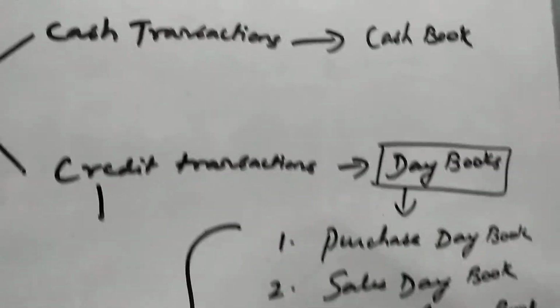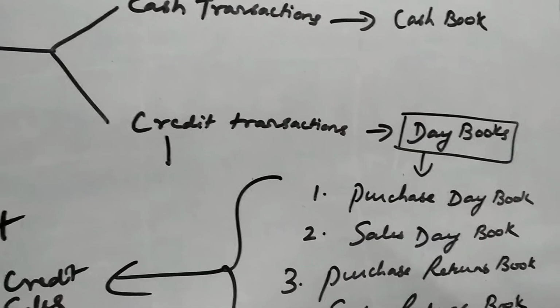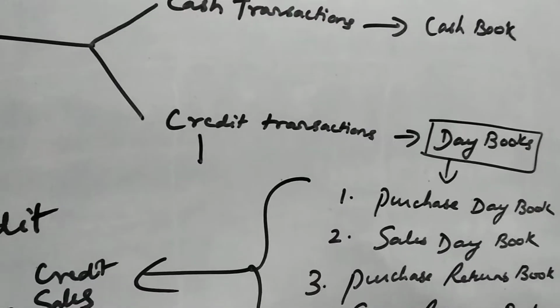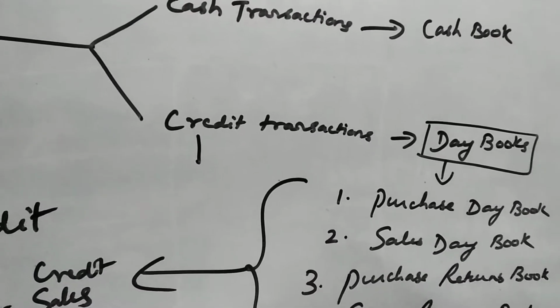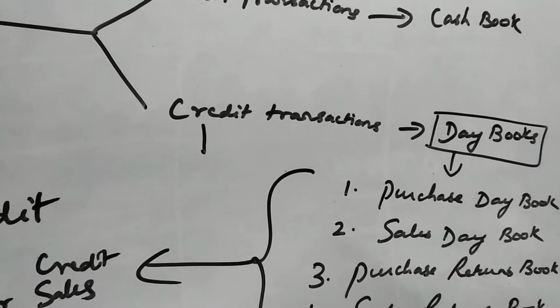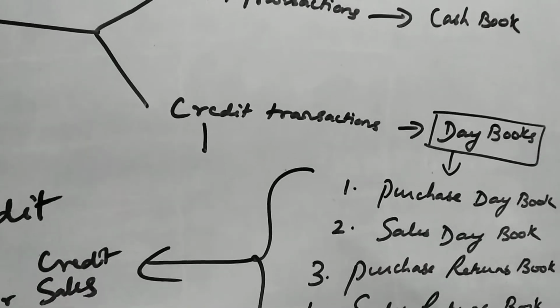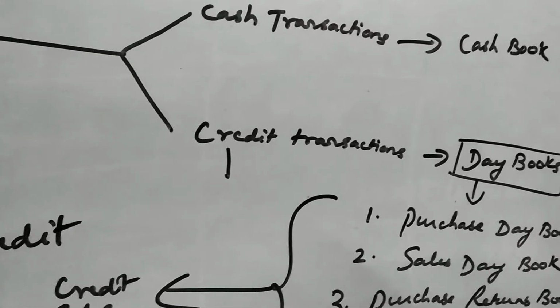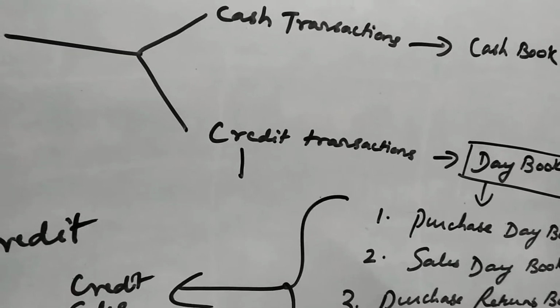So you have purchase day book to record all credit purchases of goods. Sales day book in order to record the credit sales of goods. Then purchase return. We have discussed about purchase return and sales return before.